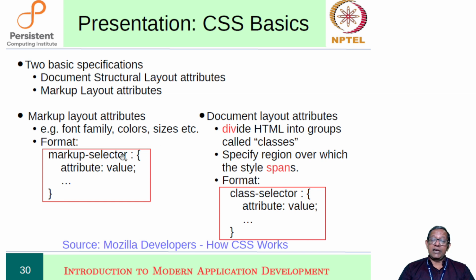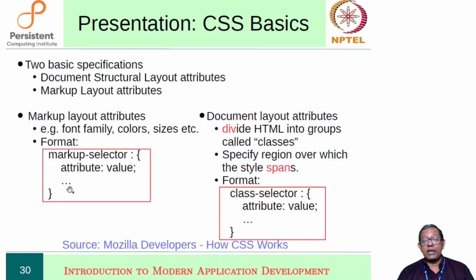You write the markup selector, for example H1, H2, ordered list, OL, whatever, followed by a colon, and then within the braces for that markup whatever attributes you want to present and the value.